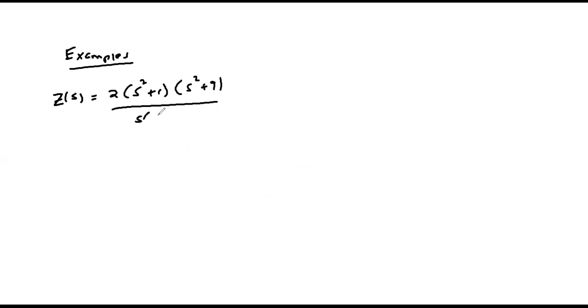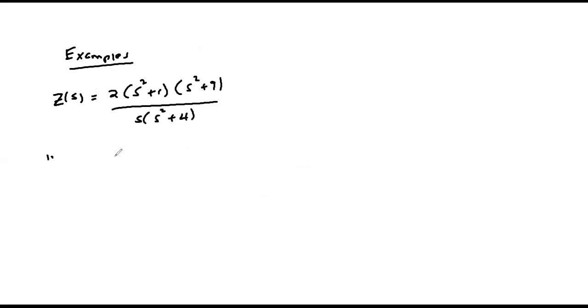Let's take an example of a transfer function and investigate for those properties. Suppose you have an impedance transfer function Z of S given by 2 into S squared plus 1 into S squared plus 9, divided by S into S squared plus 4.